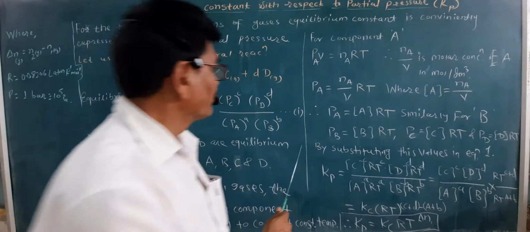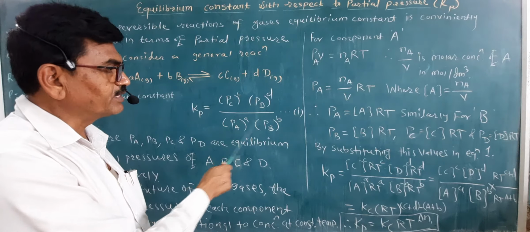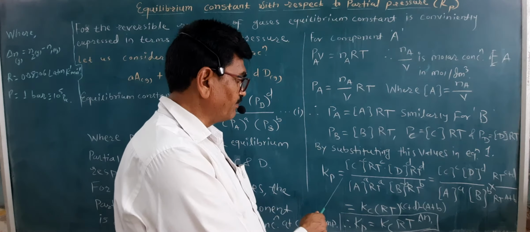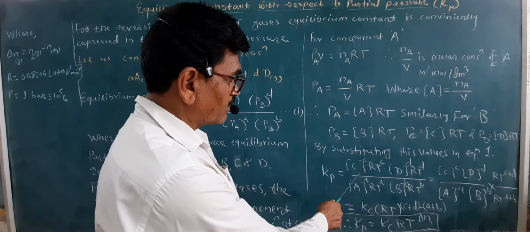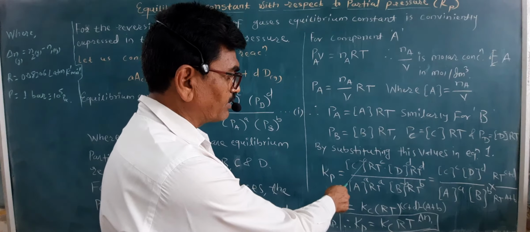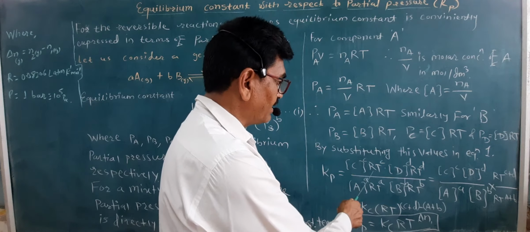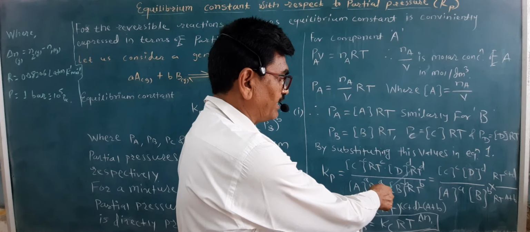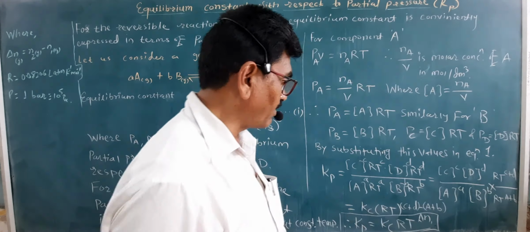in equation 1. आता पहा या ठिकाणी PC, PD, PA, PB च्या किमती जर आपण ठेवल्या, ह्या नवीन किमती जर ठेवल्या, so we will get what, KP. आता लक्ष द्या इकडे KP is equal to molar concentration of C power C into RT, molar concentration of D power D into RT, again power D is written.